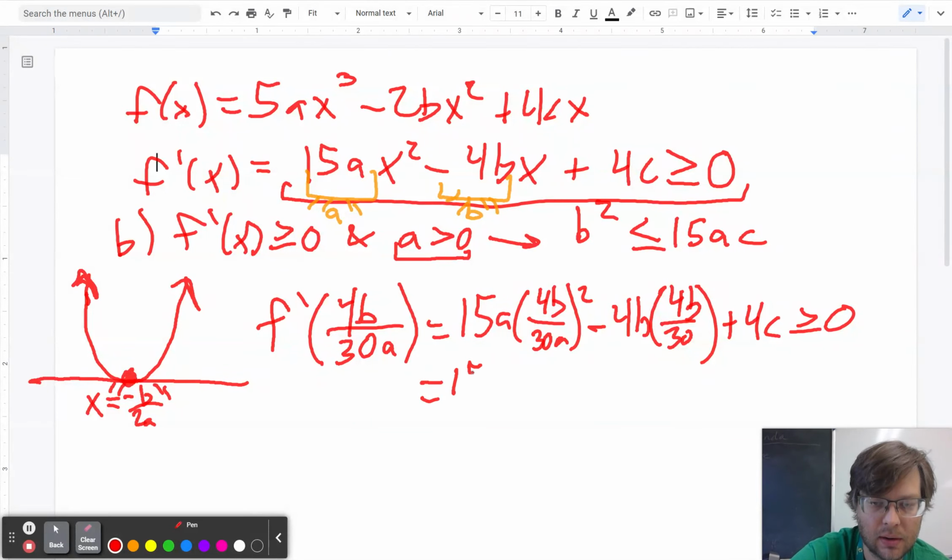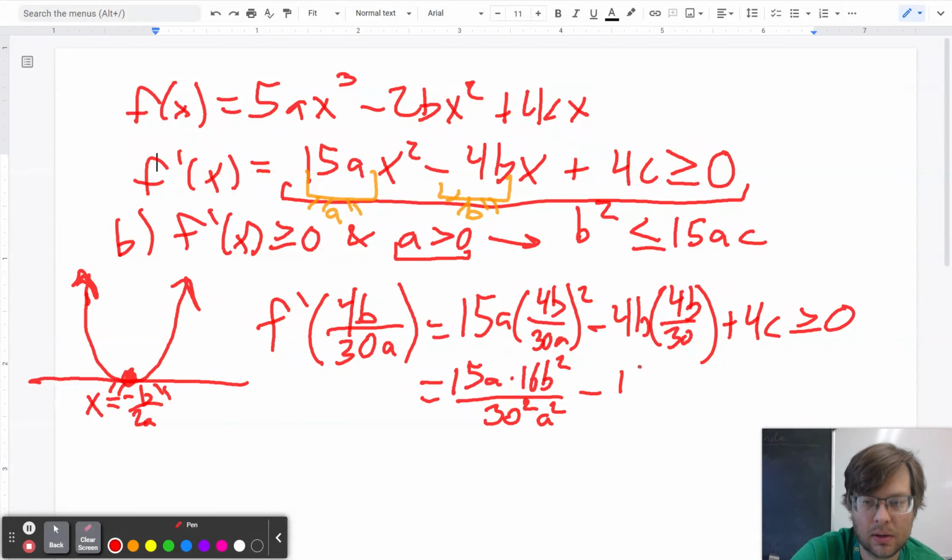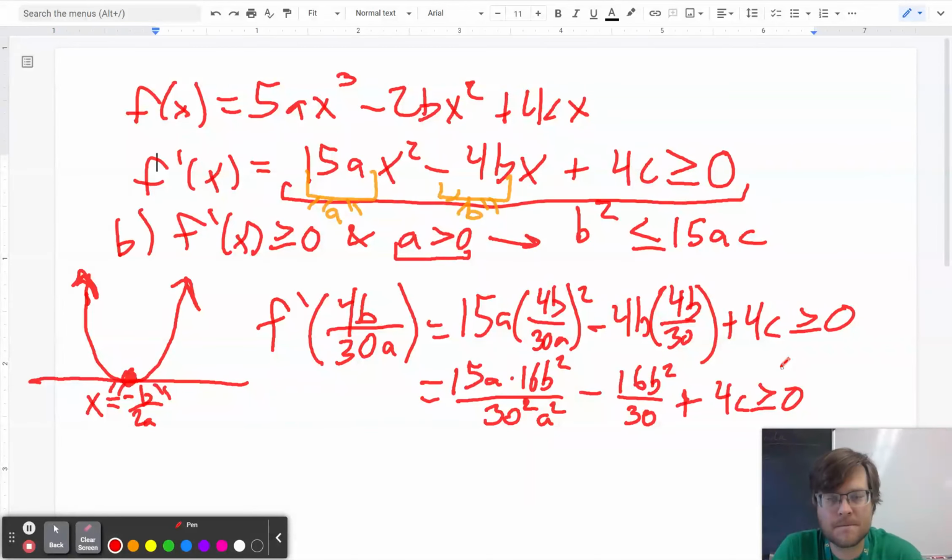So I get 15a times 16b squared over 30 squared a squared, minus 16b squared over 30, plus 4c is greater than or equal to 0.